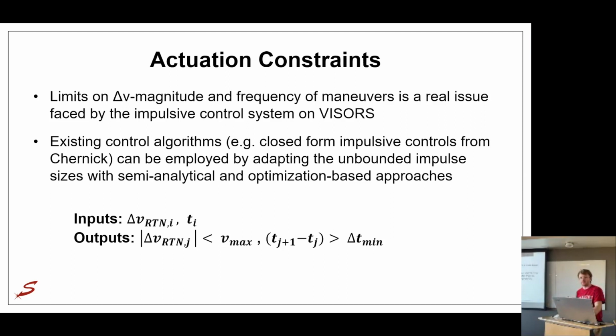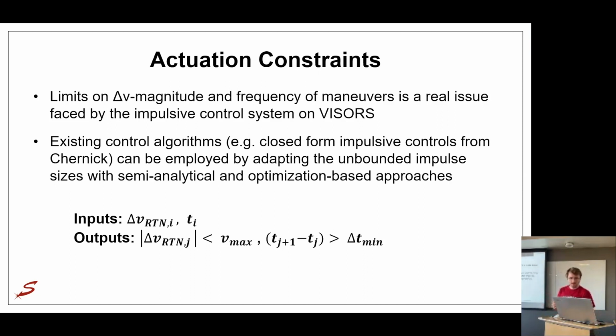And then there's a large transition between them, in which the closed form algorithms we have, some homegrown algorithms for optimal impulsive control of the relative orbit state, do not have guarantees on the size of maneuvers that need to be output. So we have these nice closed form solutions that we want to be able to use on our small constrained platform.